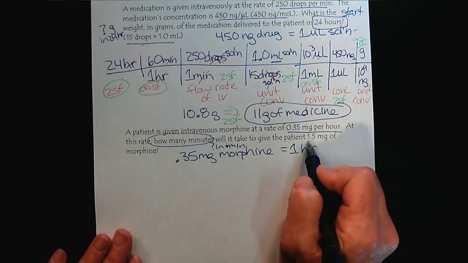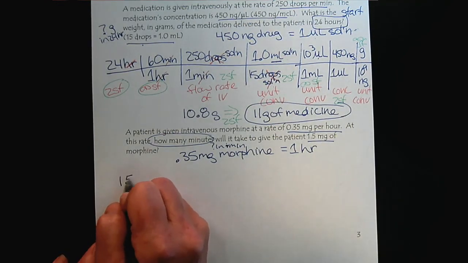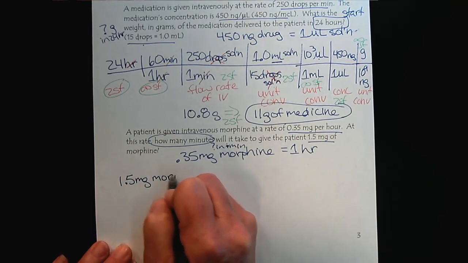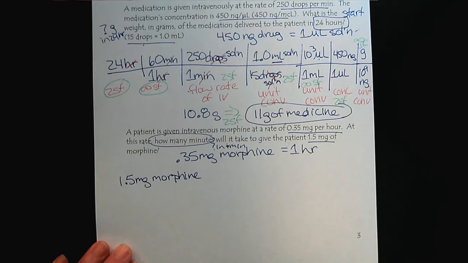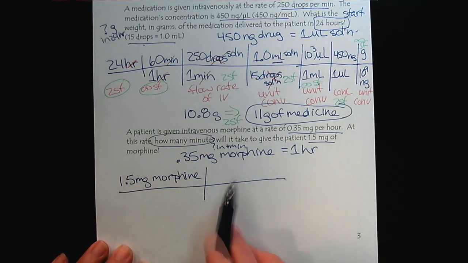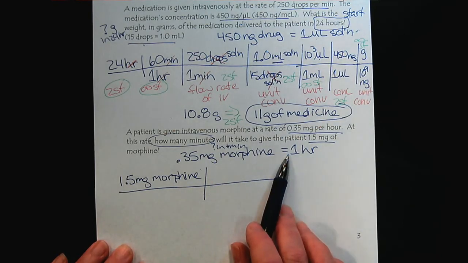And where do we start? Well, we're trying to find out how long it takes for the patient to receive 1.5 milligrams of morphine. So this one's pretty straightforward because we know the dosage per unit time of the IV.